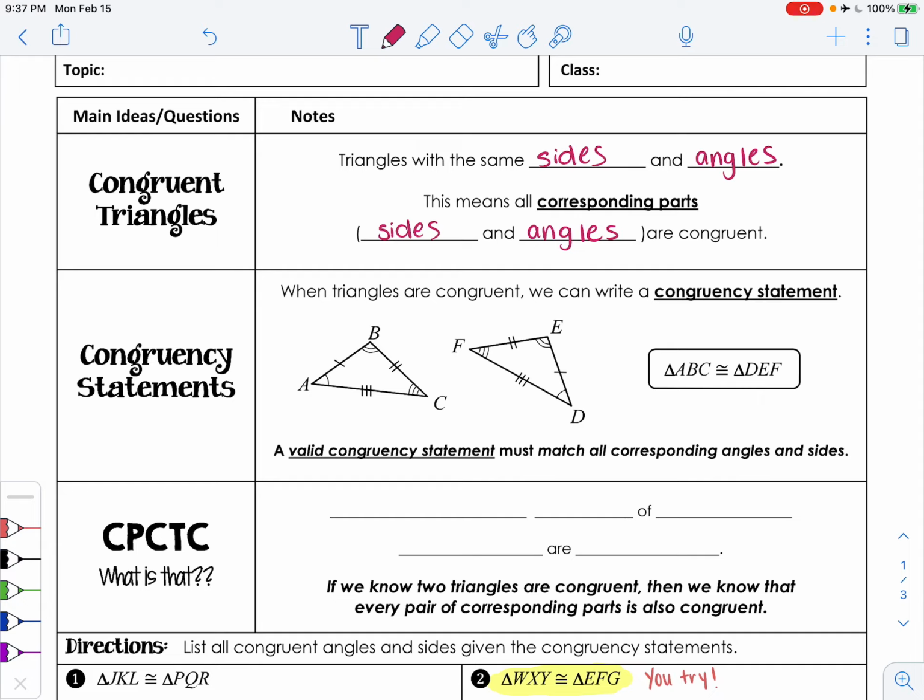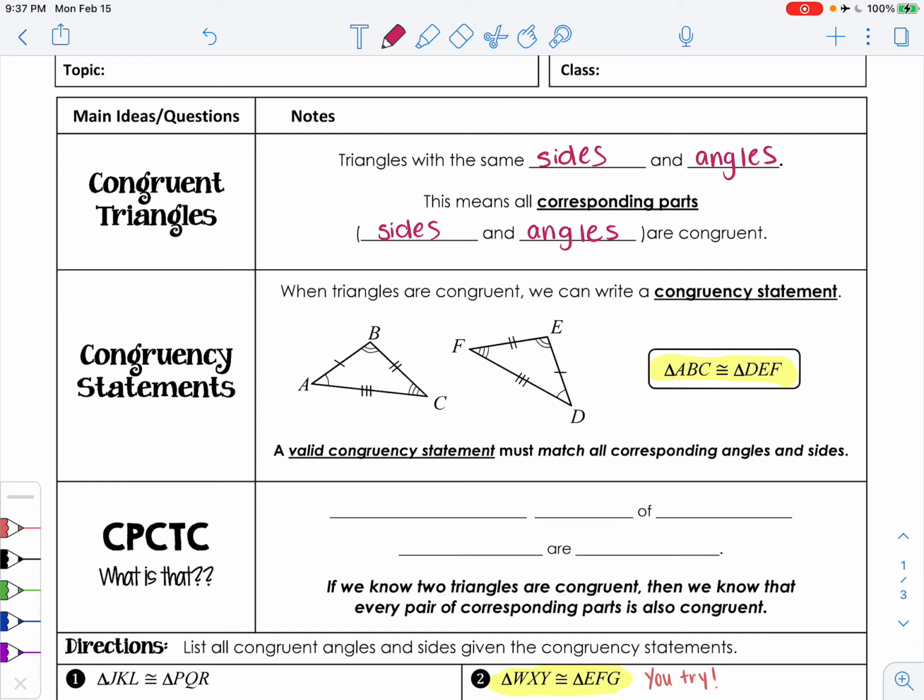This is why it's so important that you are very careful when you label triangles. A congruency statement is something like this right here, and I'll read it to you. What this says is that triangle ABC is congruent to triangle DEF.